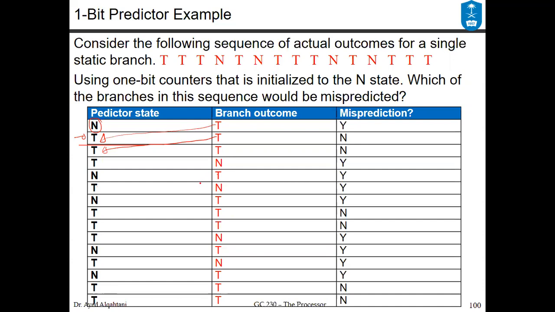It works this way. Now you see if there is misprediction or not. How to know this? You compare this with this. You know they are different, so there is a misprediction here, which is bad news. So yes, there is misprediction here and here too. So these are the mispredictions when they differ.